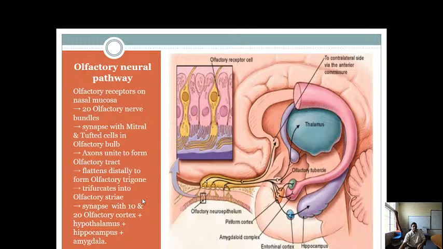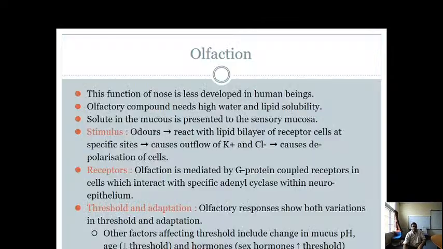One track directly goes to the olfactory cortex, and the other tracks go elsewhere. I'll show you the olfactory cortex.